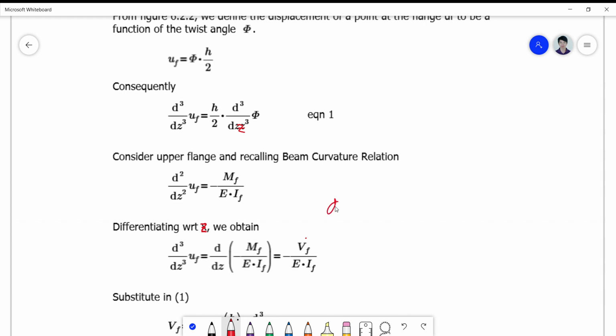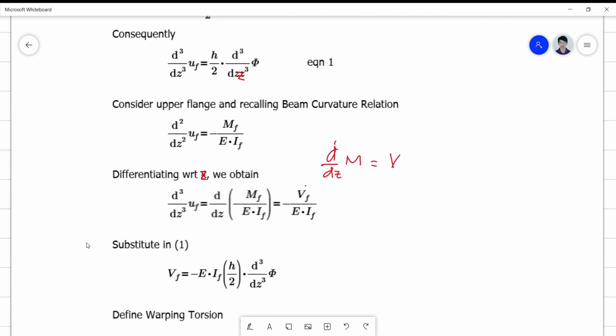Okay, so take note that the derivative with respect to any coordinate axis of a moment is defined as your shear. Okay, so this third derivative here is also equivalent to the shear on the flange divided by the sectional property EIF.